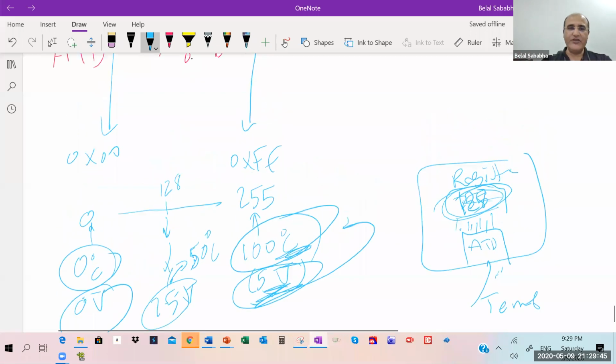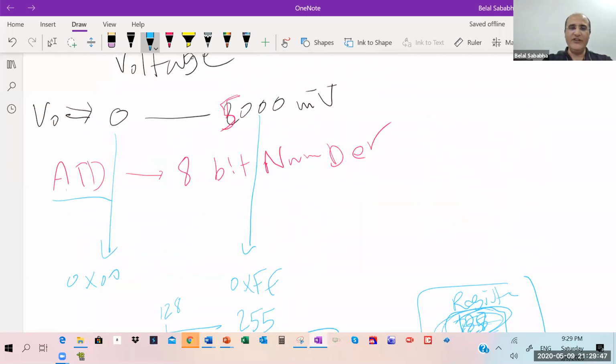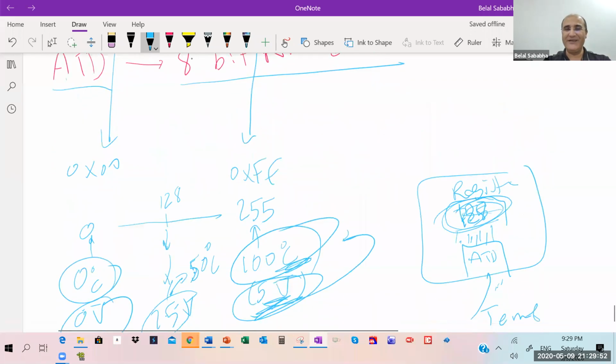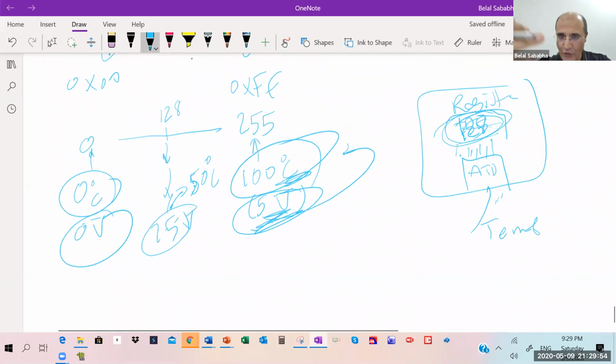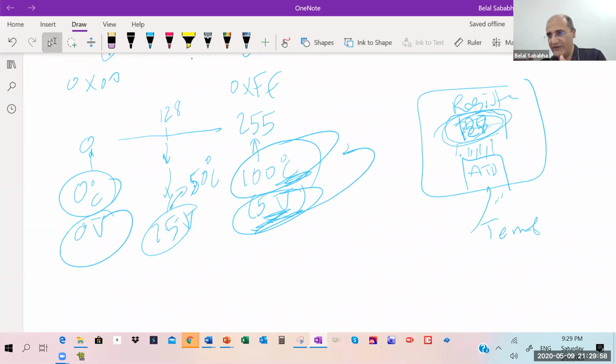The more bits you have, in this case, our A to D used an 8-bit number. Okay? Pay attention, I am explaining here. When we go back to our slides, you'll find that we moved a lot, okay?